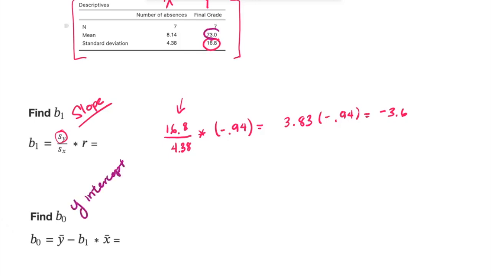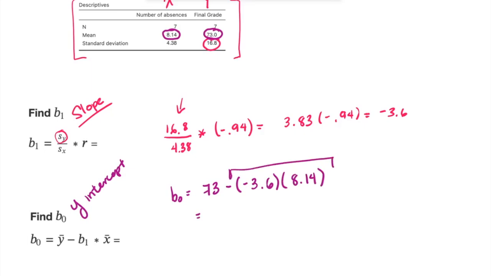The next thing we're going to do is find the y-intercept. For that, we're going to need the mean of y and the mean of x, and they're right there in our descriptives information. So B0 is going to be 73 minus what we just found, negative 3.6, times x bar, which is 8.14. We're going to do this piece first. 73 minus, it is going to be negative 29.3.